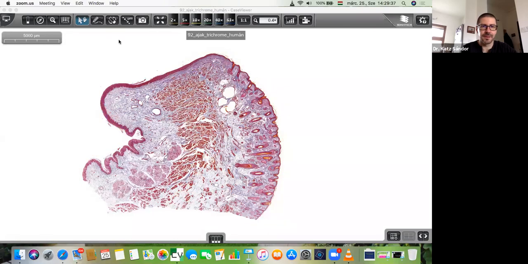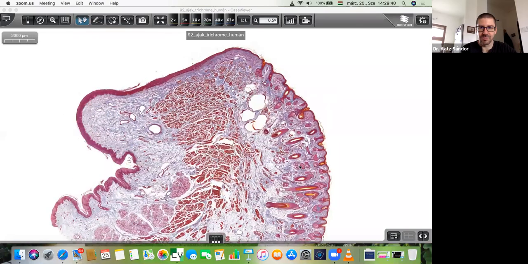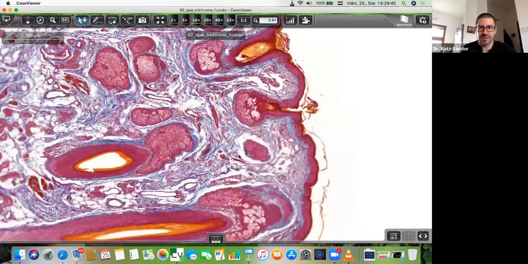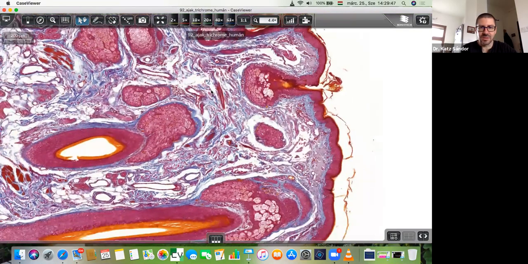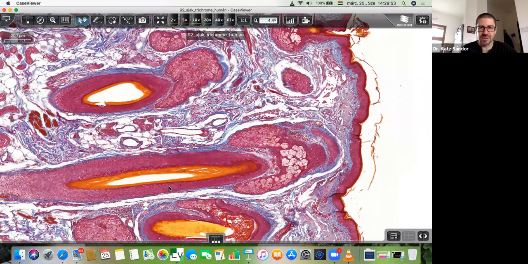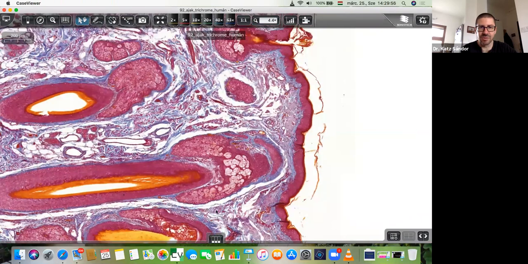Now let's zoom in. First the cutaneous part. These circular structures are the hair follicles, and associated with the hair follicles, we have glandular tissue.